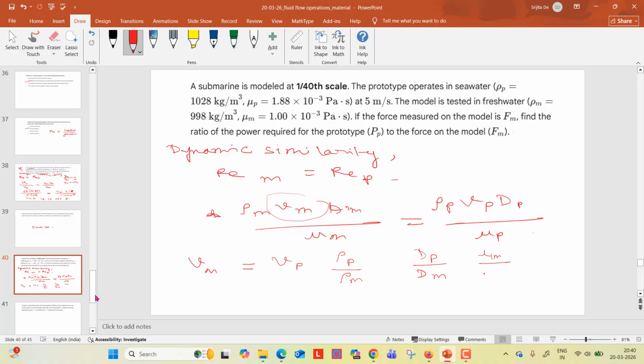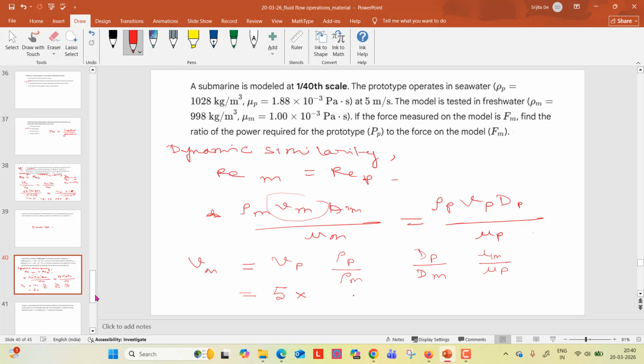So what is it, Vp is given as the prototype velocity, 5, right? Prototype means the lab scale one is 5.